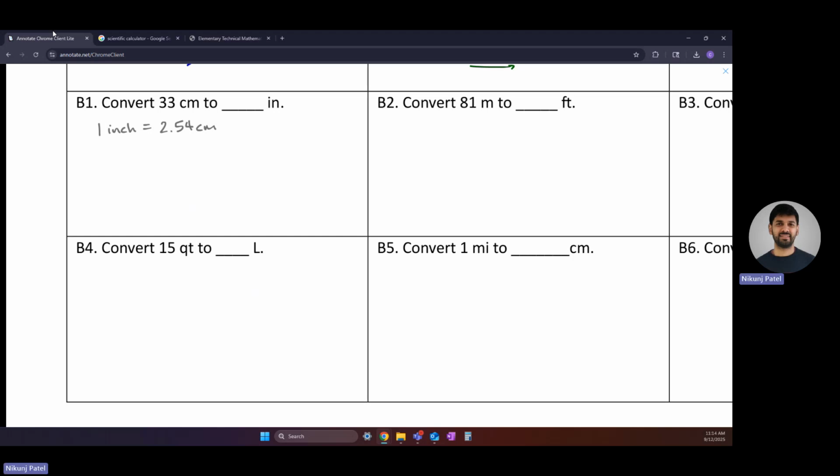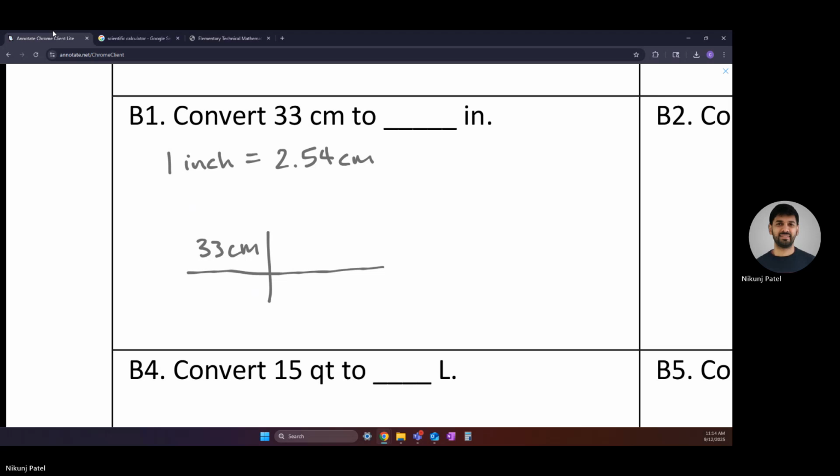Now to convert this, we're going to use the same process as before. 33 centimeters is equal to, or in our next column, we need to place centimeters down here, and we see that right there. We're going to put the 2.54 centimeters down there and the 1 inch up there.